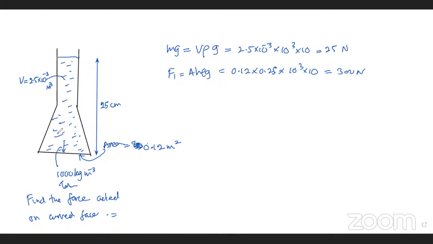Then the force on these walls, let's say it's F, you can write as F1 minus mg, so that is 300 minus 25, which is 275.